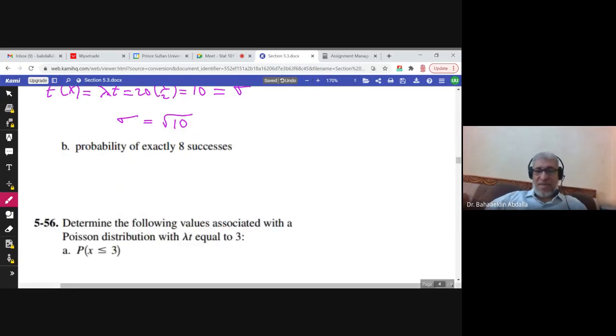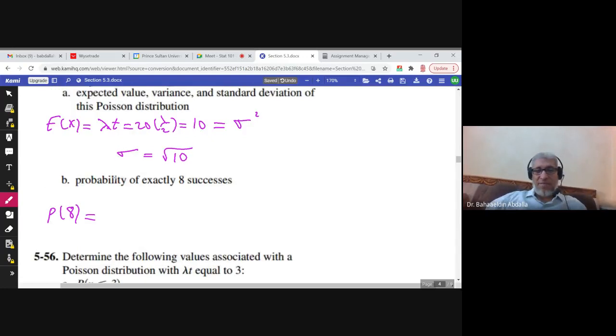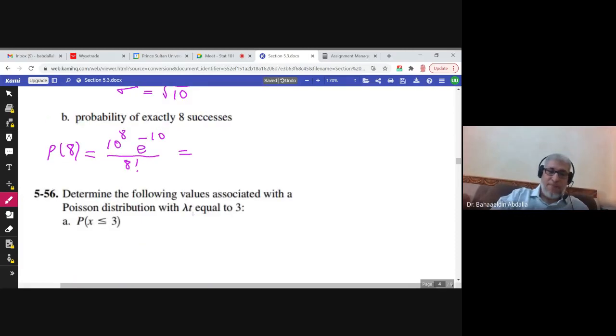Probability of exactly 8 successes: lambda times t is 10, so 10 to the power 8 times e to the power negative 10 over 8 factorial, and you can find the answer.